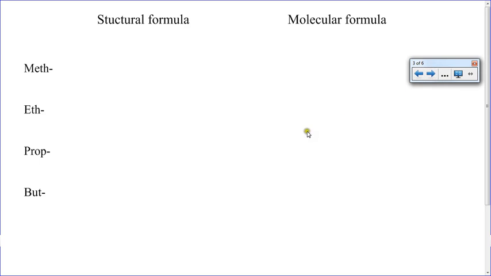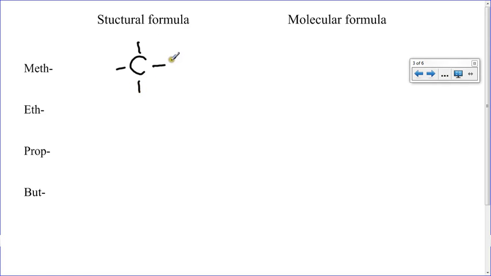First of all, we're going to look at alkanes, and you name the alkane depending on the amount of carbon atoms. So methane is the first. It only has 1 carbon atom, and as we saw on the last slide, carbon always forms 4 bonds. So here I can see this carbon, and it has 4 bonds coming out from it.